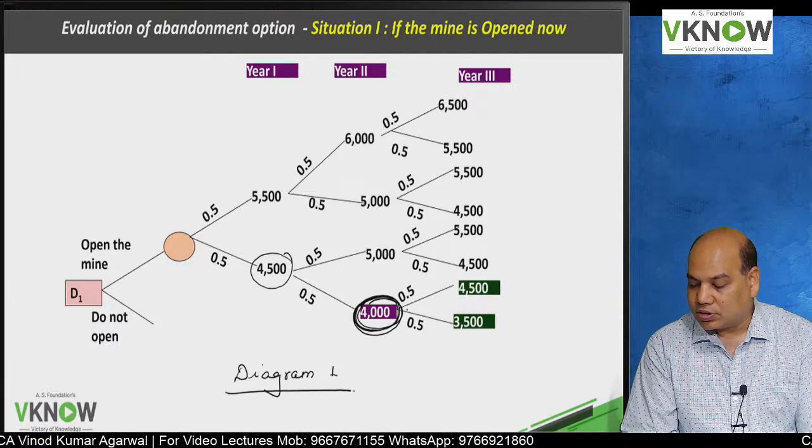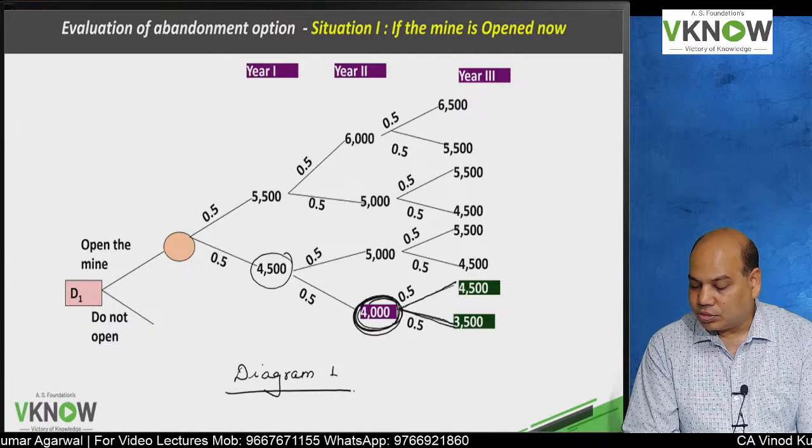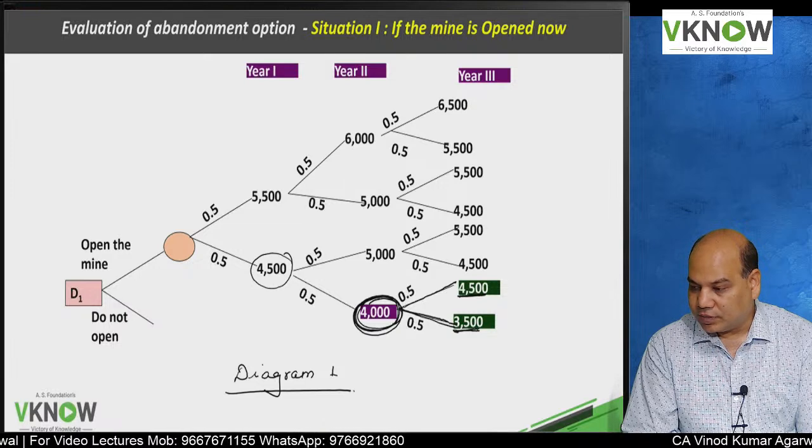you will save the losses because next year the price could be 4,500 or 3,500. Can you see that?